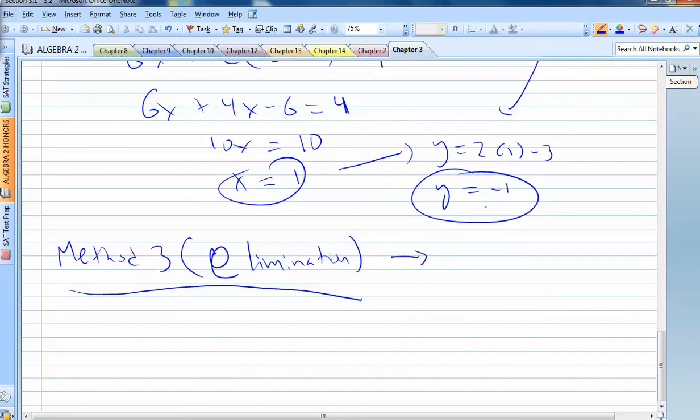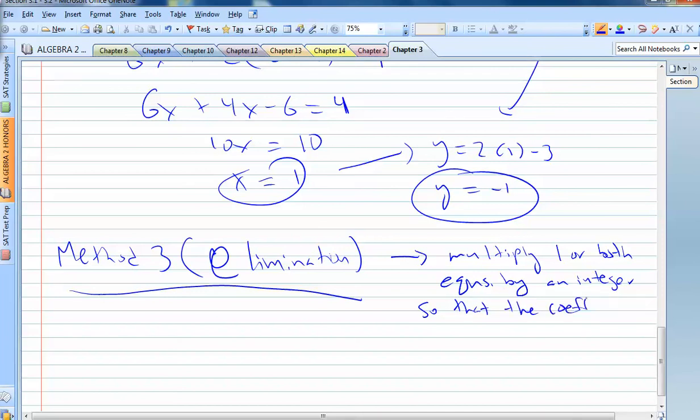So for elimination, what you want to do is multiply one or both equations by an integer so that the coefficients of one of the variables is the same.